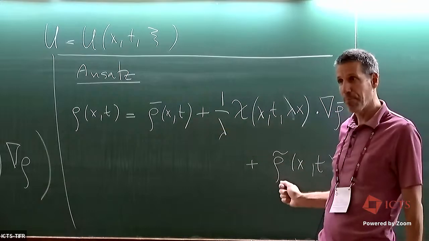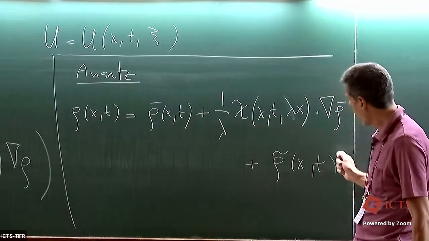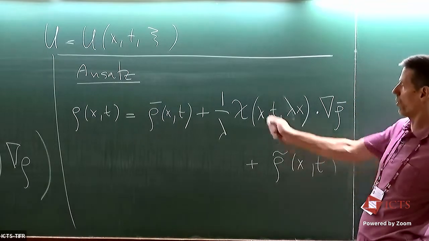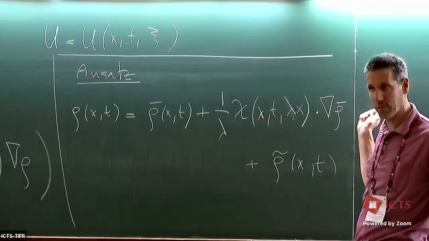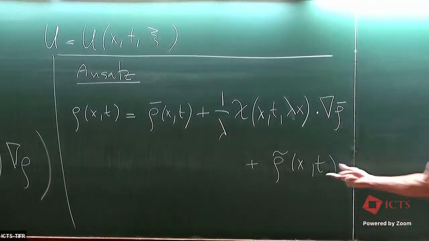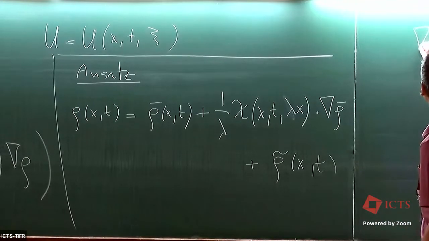And the point will be to just try to figure out some bounds on this that ensure that it's smaller than 1 over lambda times this term, okay? So that it really is a lower order corrector. That's the whole game.